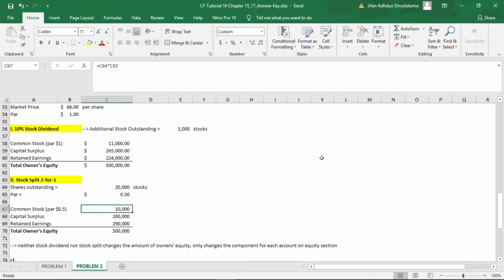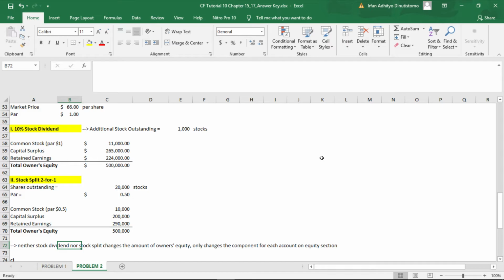It didn't affect the owner's equity because the par total is still the same, the capital surplus is also the same, and the retained earnings is also the same. So the conclusion is that neither stock dividend nor stock split will change the amount of the owner's equity, but it only changes the component for each account on the equity section.